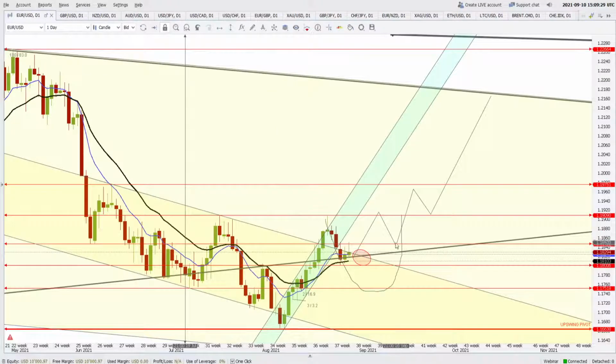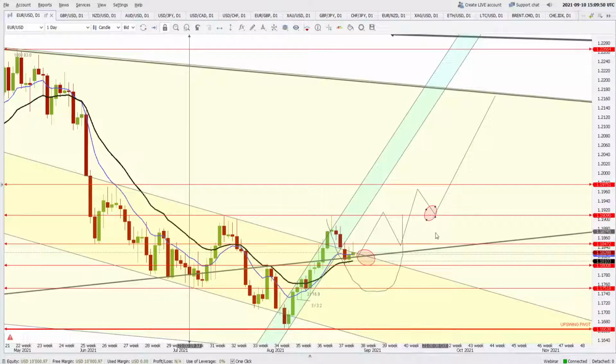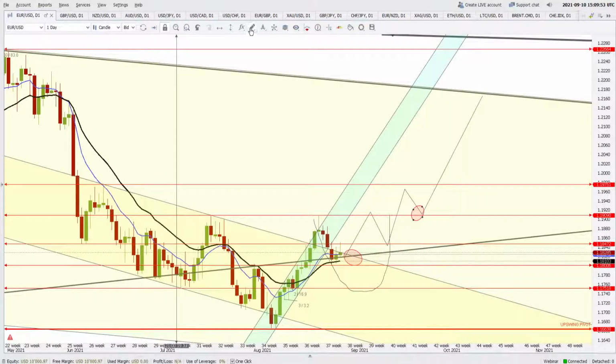If that happens, then this retest of this broken, sorry, not this, I'm so sorry, I marked the wrong place. So this retest of this broken neckline will be our area where we can open a buy position with a small stop loss below this area here.